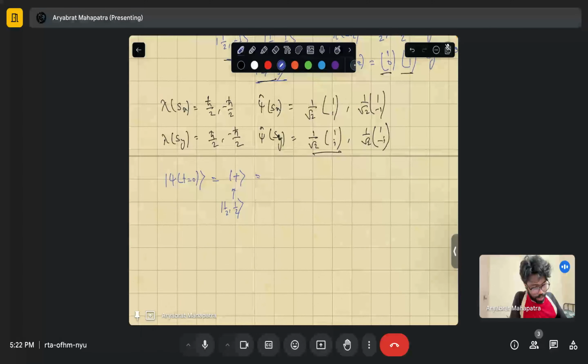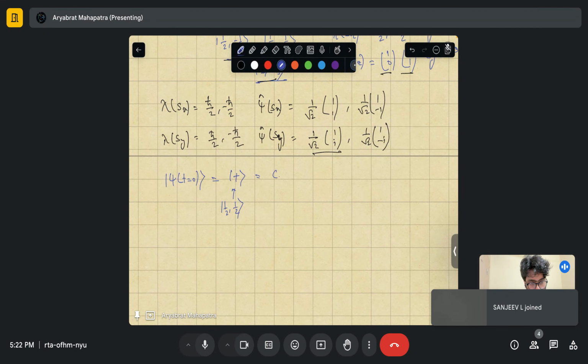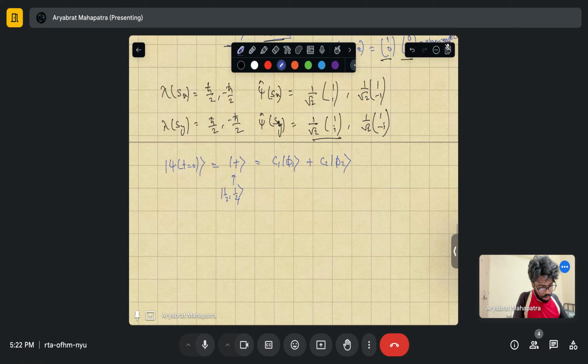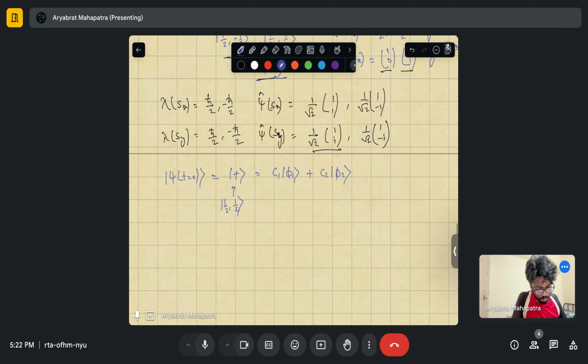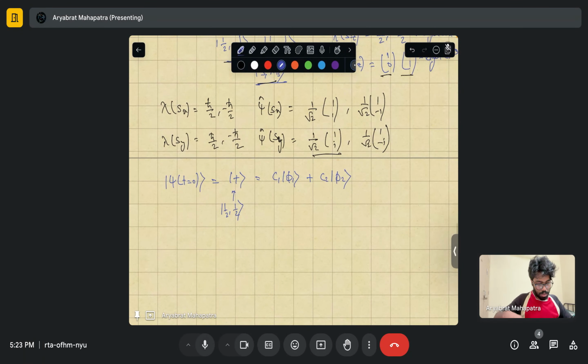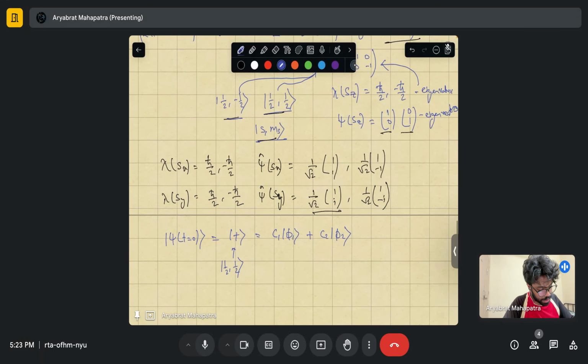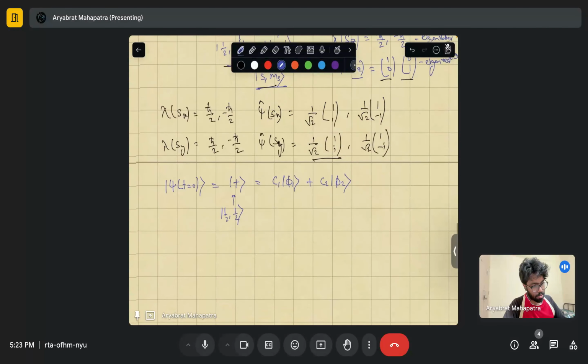So I can write it as some linear combination C1 phi 1 plus C2 phi 2, where this plus state which I was telling is your up state, the eigenstate of Sz. So that is 1 0, and the minus state would be 0 1.